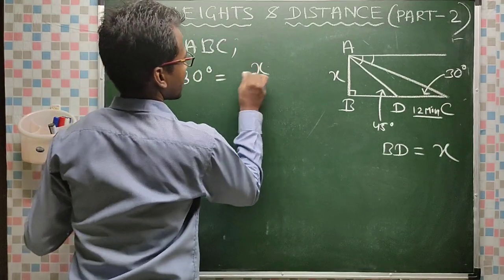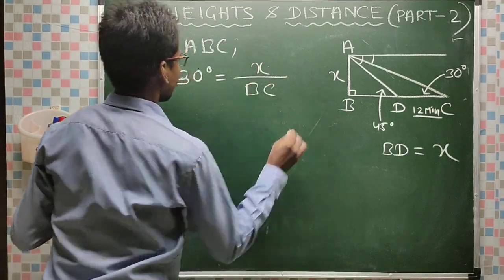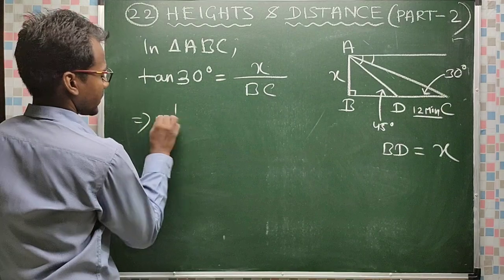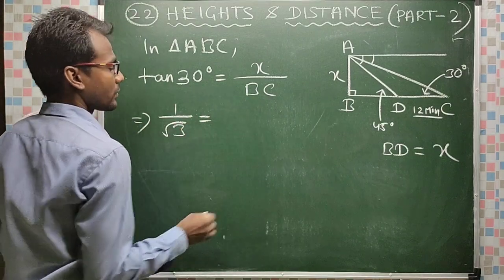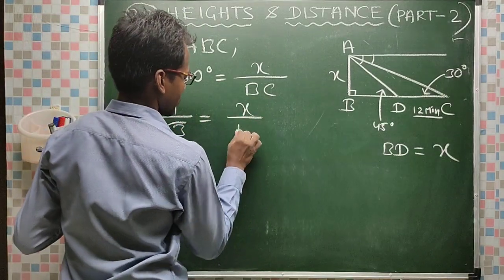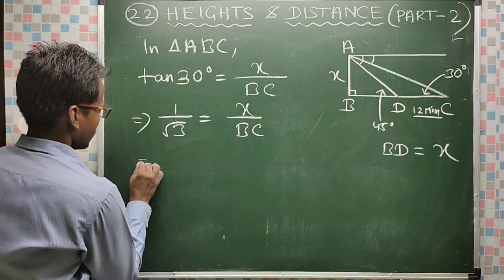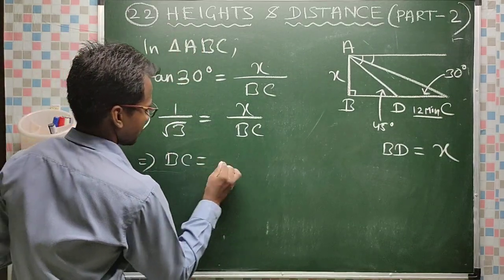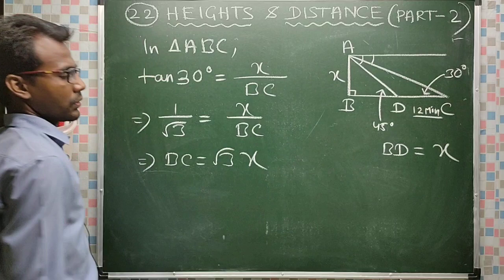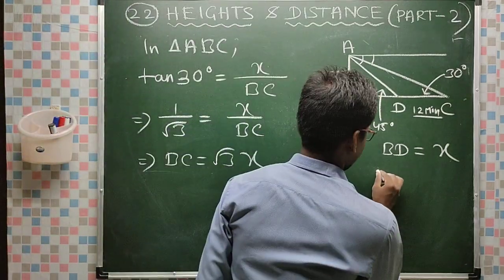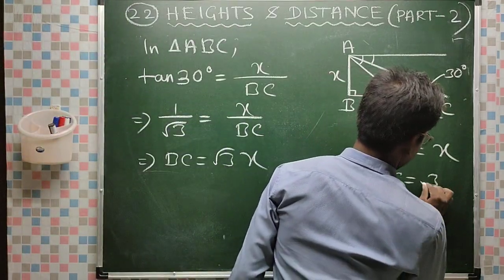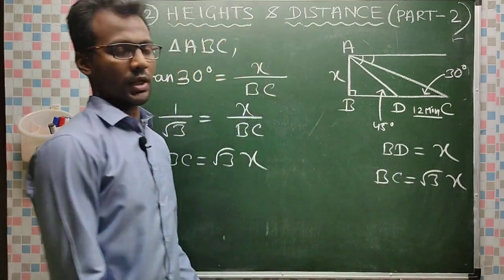So x by BC. Tan 30 is 1 by root 3, so 1 by root 3 equals x by BC. On cross multiplying, BC is equal to root 3x.